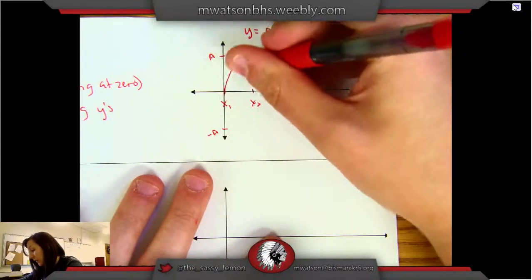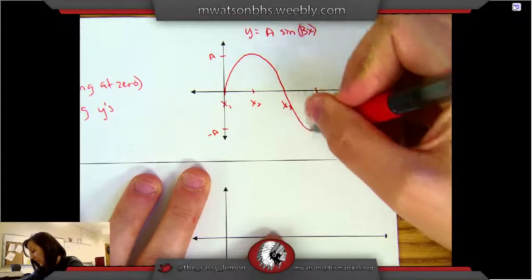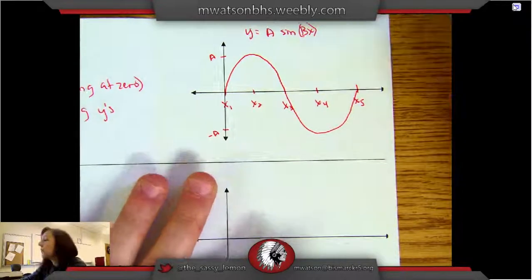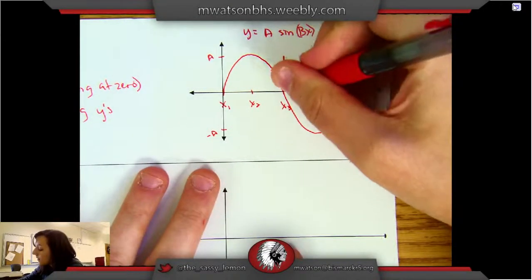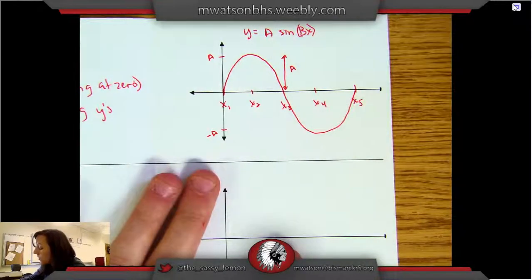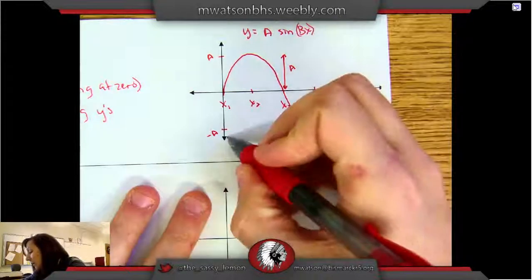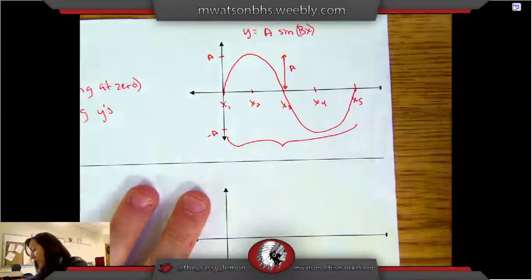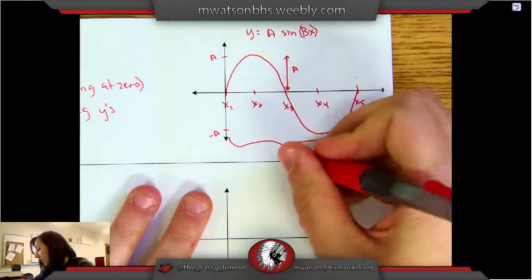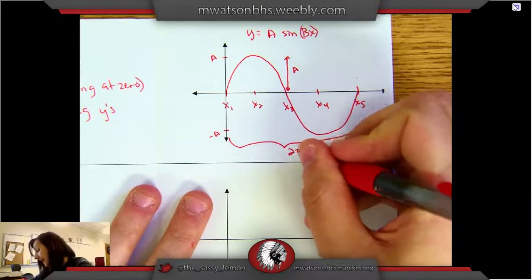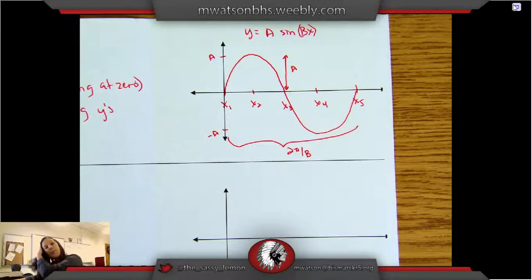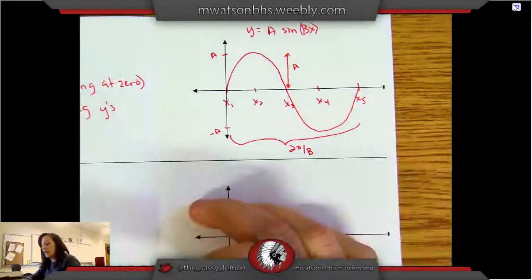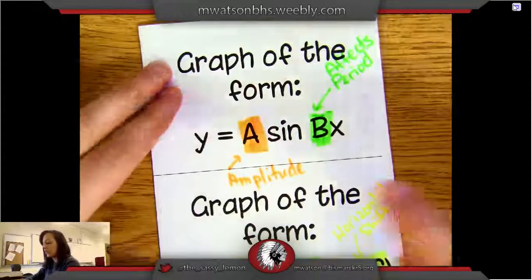So it'll look something like this. And this height here is what we're talking about when we say amplitude. And then the period length, how long it takes before it repeats, is no longer 2 pi, it's 2 pi divided by B.